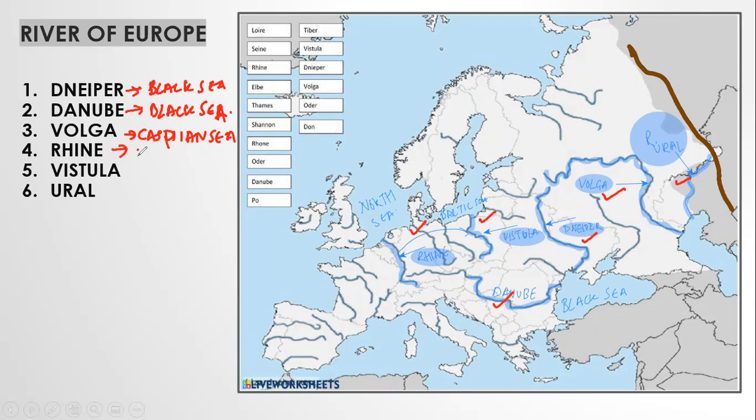Then Rhine, North Sea. Vishla, Baltic Sea. And Ural, it falls into Caspian Sea. By this, you will be able to understand the various rivers that fall into various water bodies.